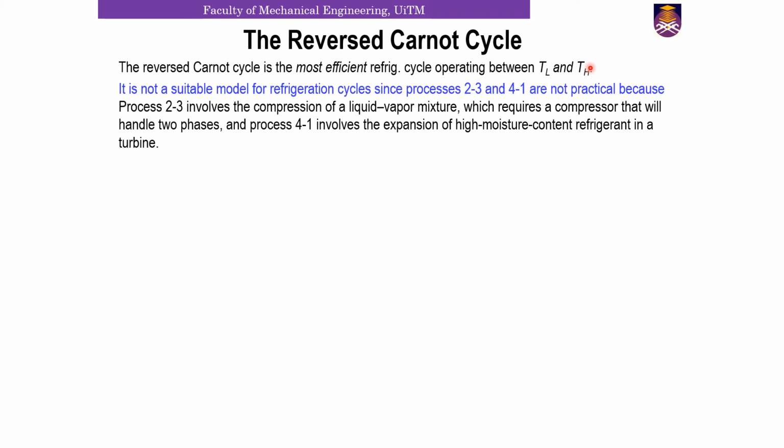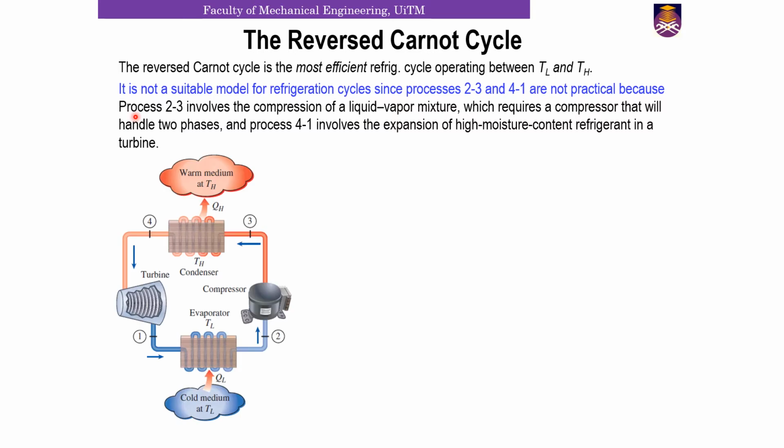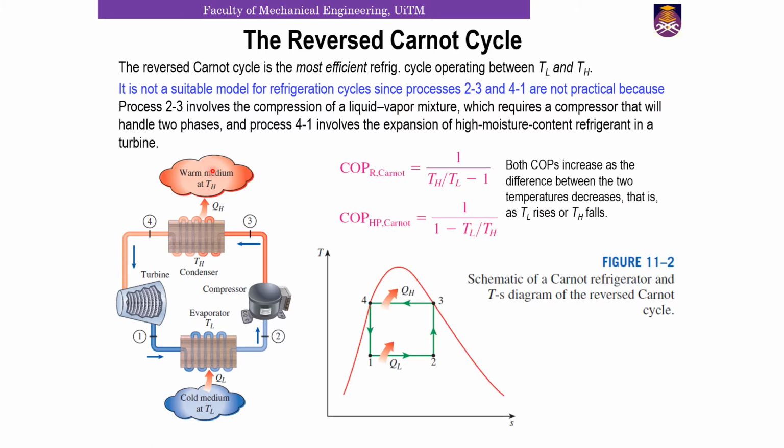This reverse Carnot cycle is not a suitable model for the refrigeration cycle. Later I will show you what the processes are. So let's go into the refrigeration cycle as shown in this diagram here, and you have the TS diagram. The reverse Carnot cycle is sketched here.